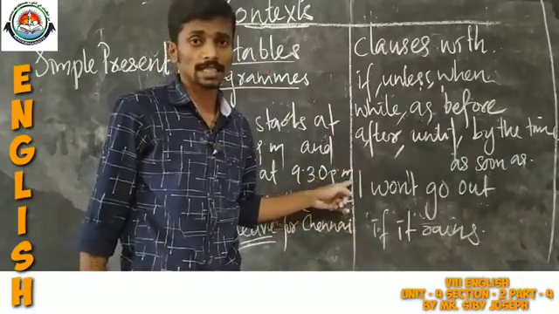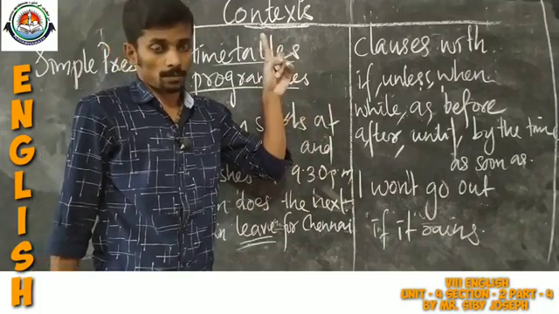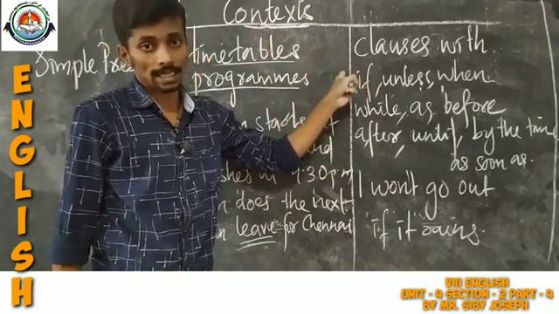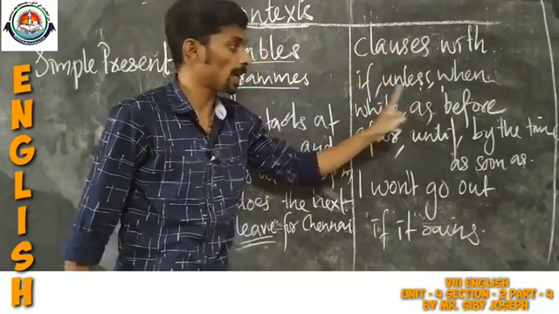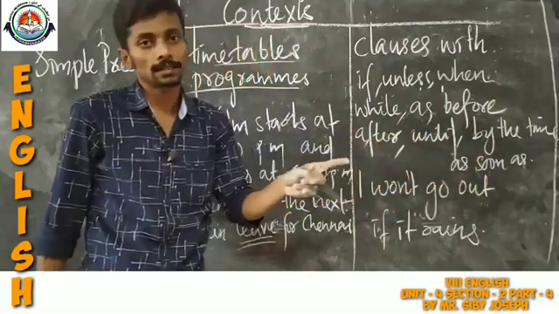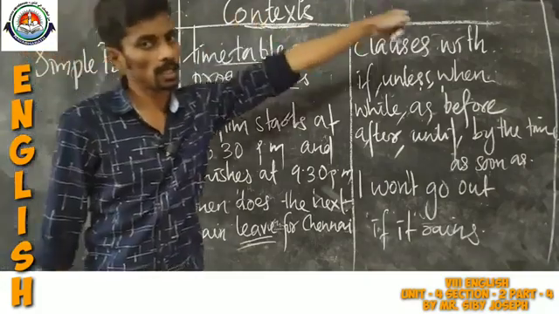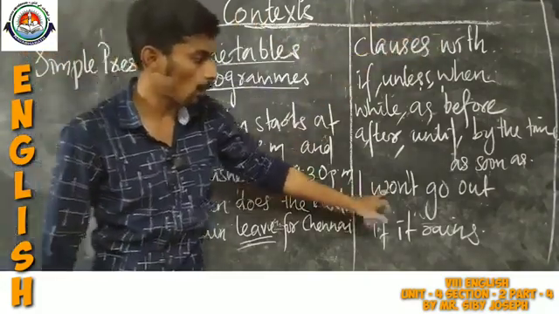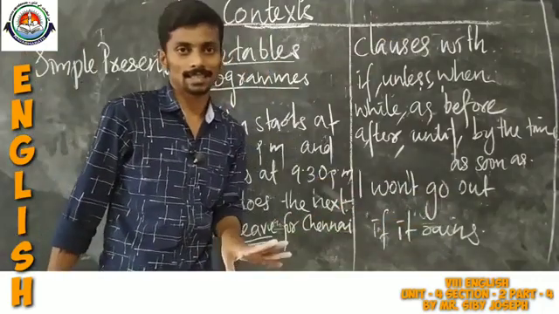I have already said that if a sentence has clauses with if, unless, when, while, as, before, after, until, by the time, as soon as, we can use simple present with a future meaning. See, I won't go out if it rains.